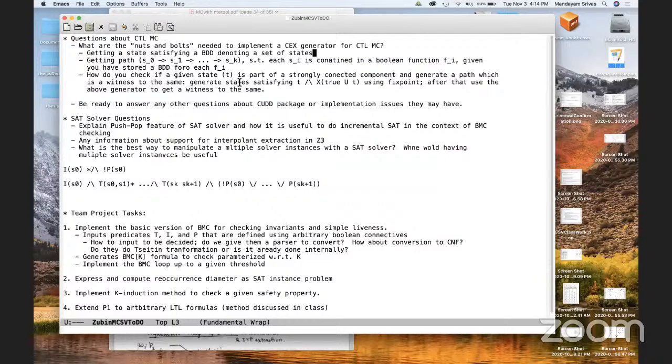Suppose it is not. That means there exists a state from the initial state that leads to a not P. So there is an initial state that is not included. What you do is you run EF of not P.